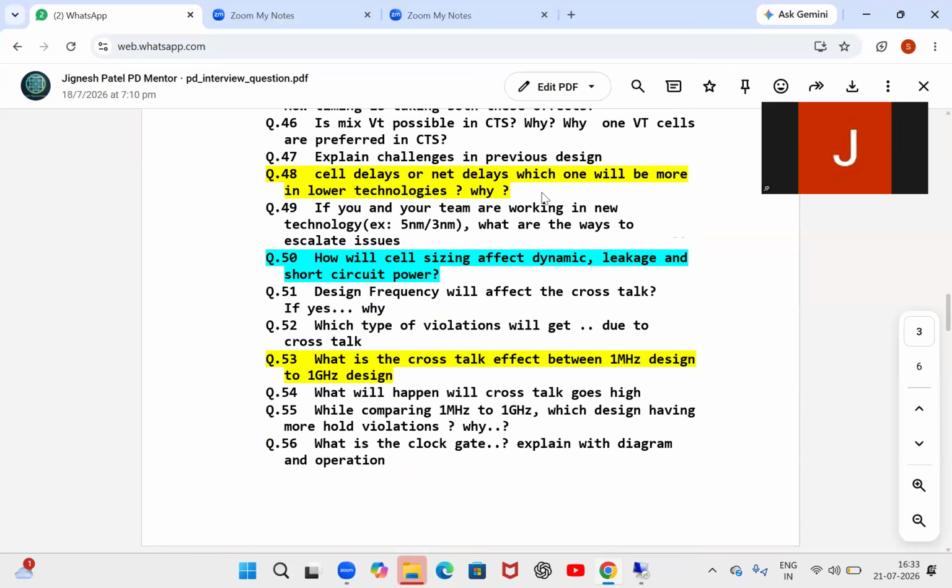Yes, now the 50th question. We have discussed that if we upsize the cell, a high drive-strength cell will have more dynamic power, more leakage power, right? So this question is how a high drive cell will have more leakage power or more dynamic power.